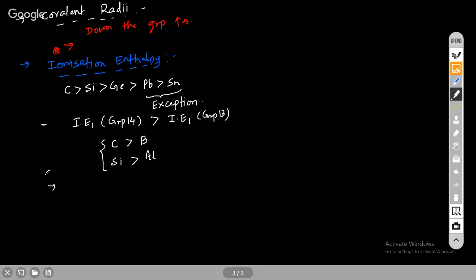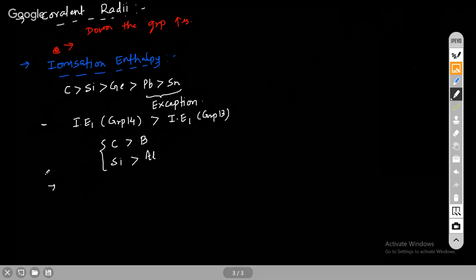And why does it happen? Because the size is increasing, right? So size has an important role here, because according to size we have the electrostatic force of attraction between the nucleus and the electron that defines or explains the ionization energy. As we go down the group, we have a factor which we call the inert pair effect, and because of it, the difference in size from germanium to lead is not that high.